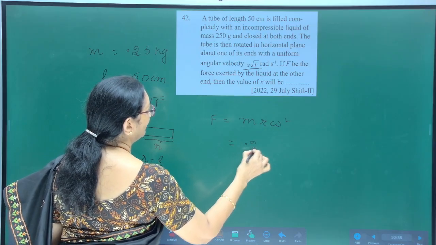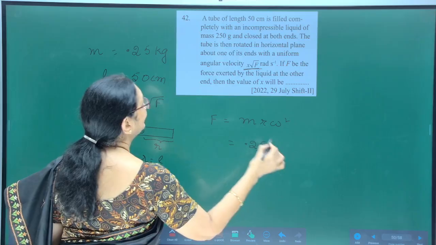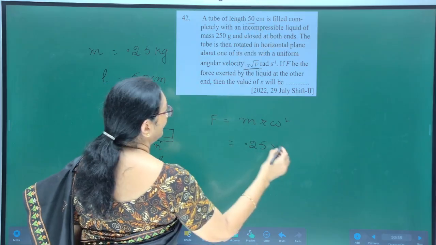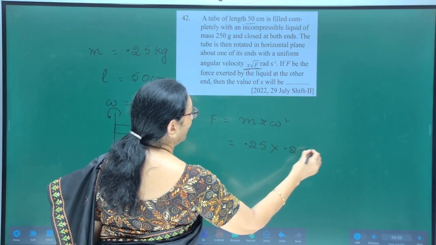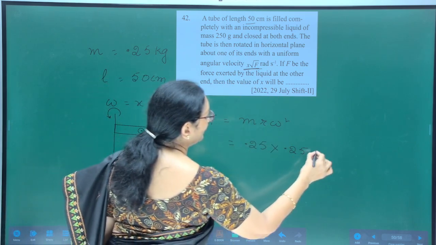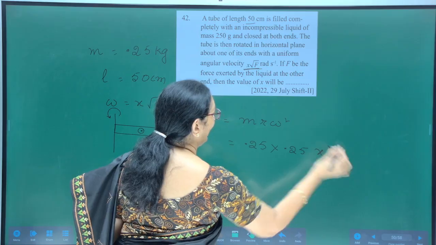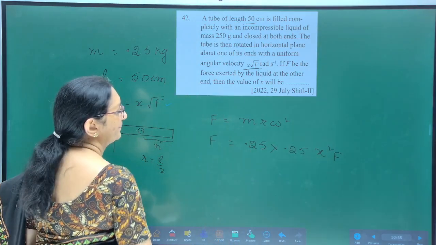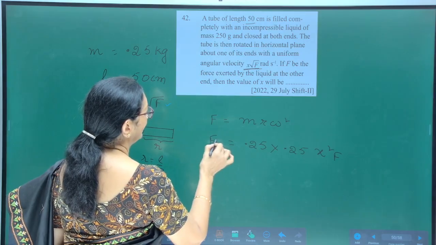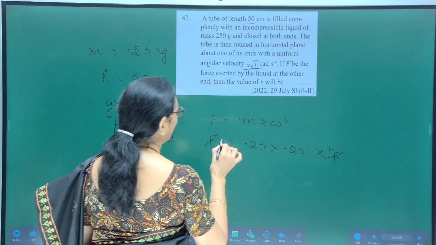Mass is 250 grams. Length is 50 centimeters. Radius becomes 0.25. Omega is given as x root f, whole square is x square f. That is the centrifugal force acting on it. So this f and this f get cancelled.